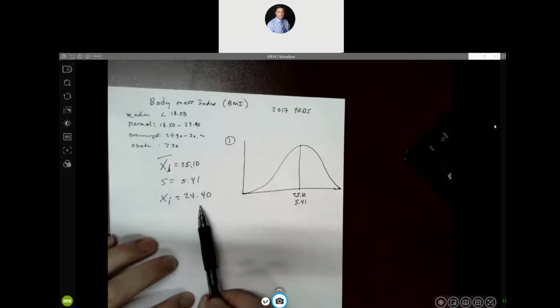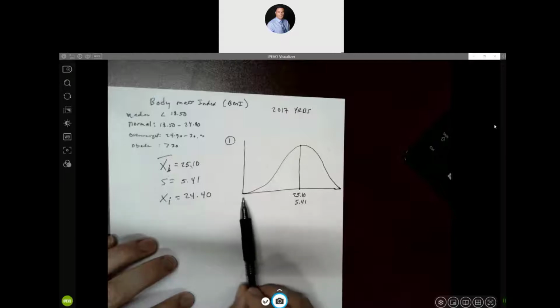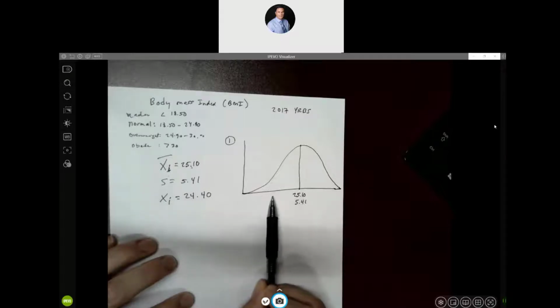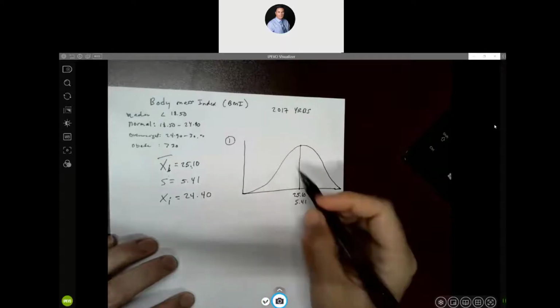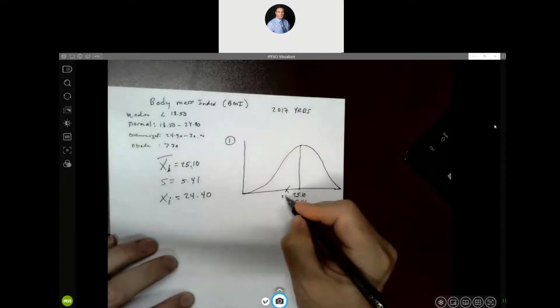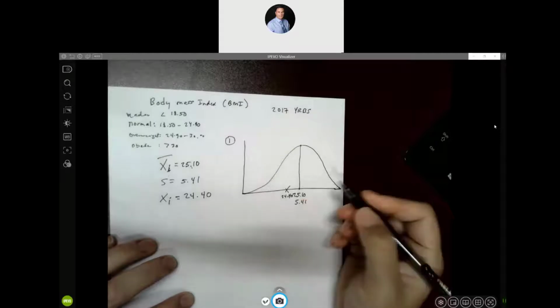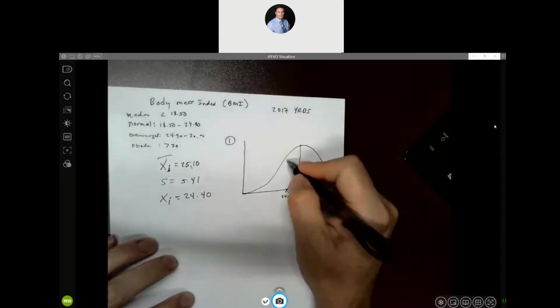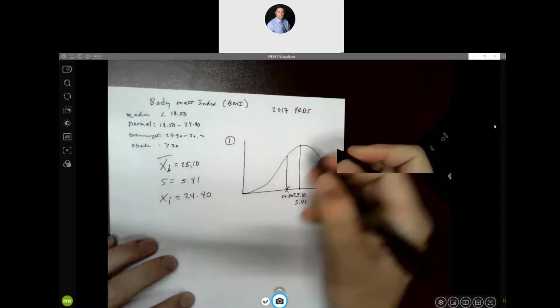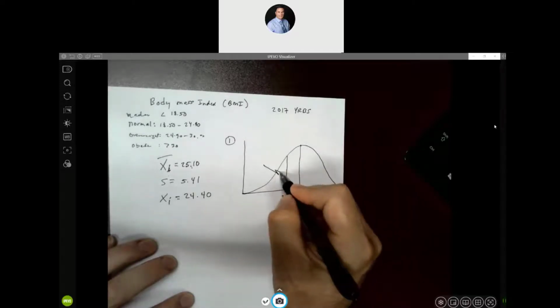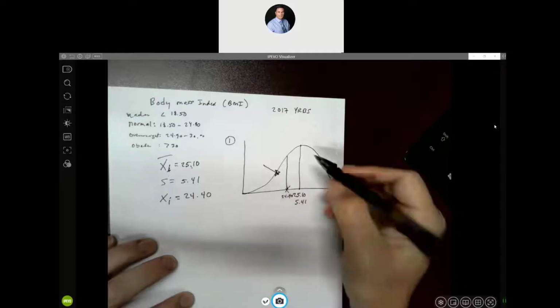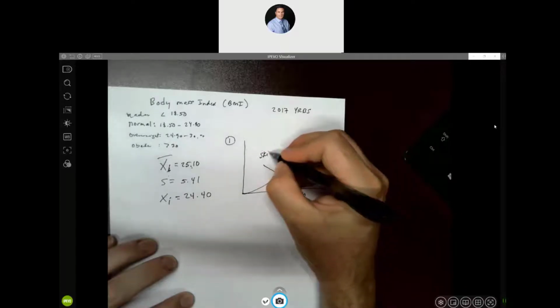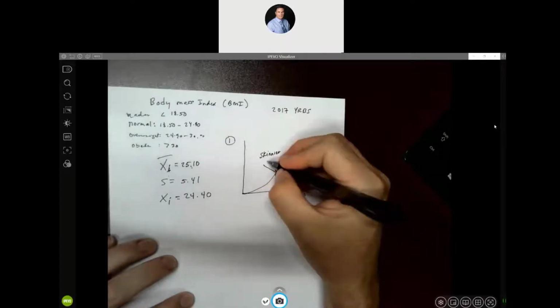Rachel, tell me where I should plot my wife's BMI. Tell me when to stop. Stop. Right, so 24.40 is probably somewhere around there, right? So if we were to draw a line right here, this area here would be skinnier than my wife, right?